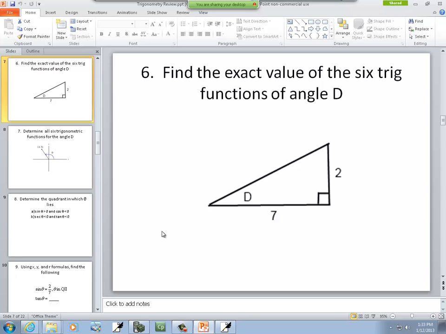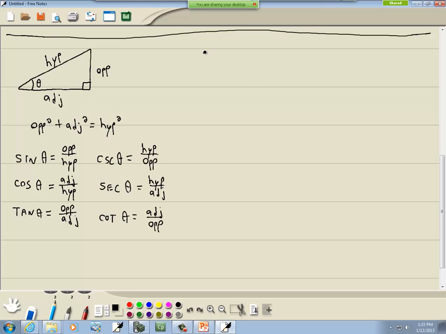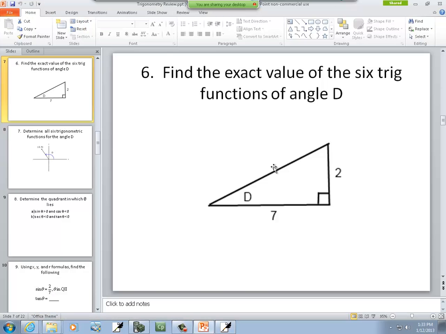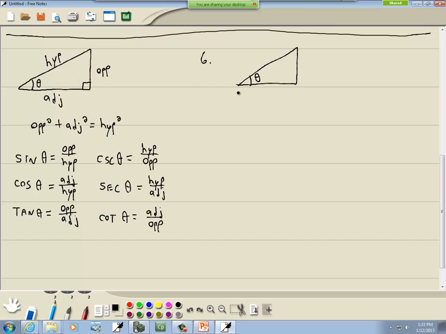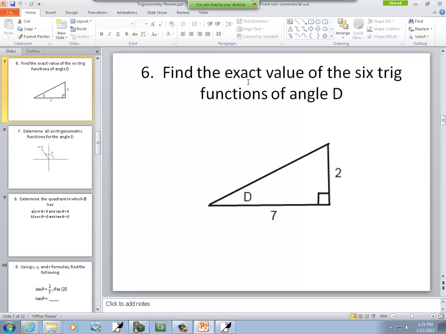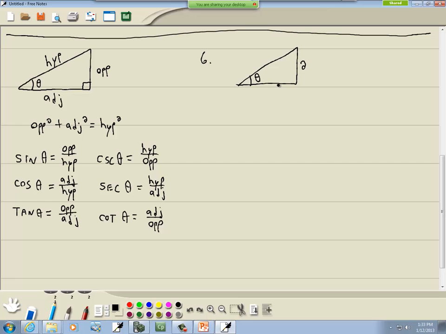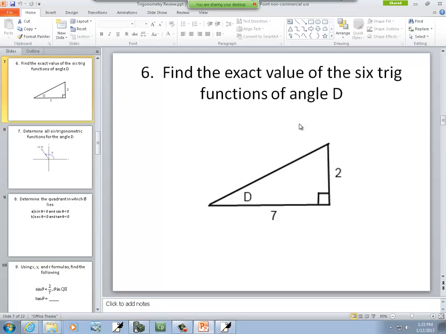Let's take a look at our next problem here. I got D there, but I'm going to go ahead and put theta since I put theta over here. And we got 2 and we got 7. And the instructions say, find the exact value of the 6 trig functions of the angle.